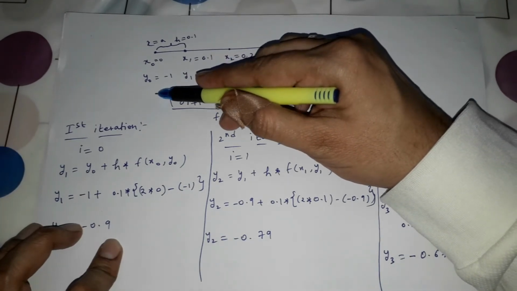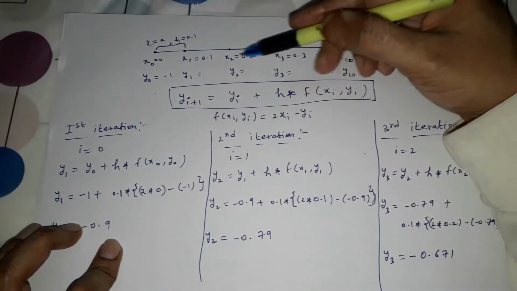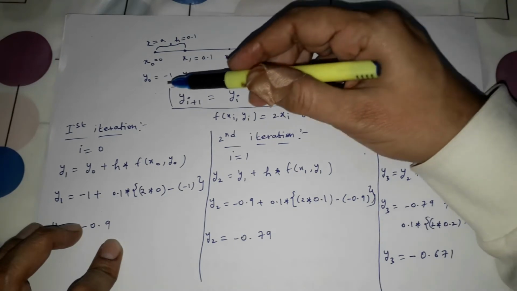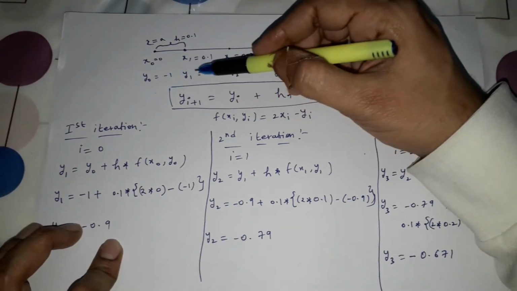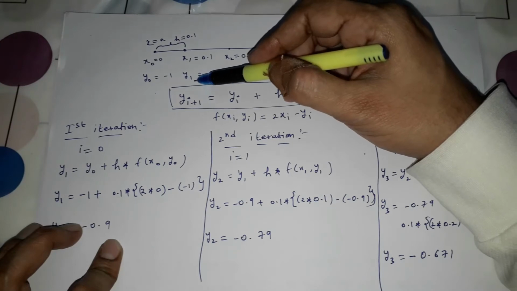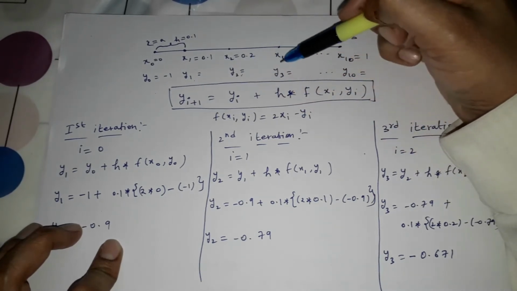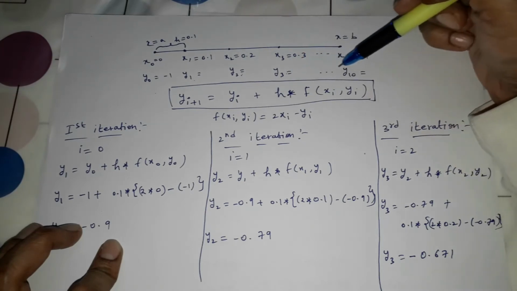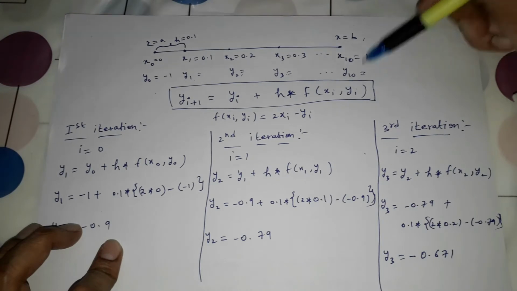This is given in the problem. I don't know the value of y1, I don't know the remaining values. y1 I will find using y0. Once I get y1, then I will find y2. Once I get y2, then I will find y3, and so on. In the end, when x10 is 1, I'll get the value of y10.